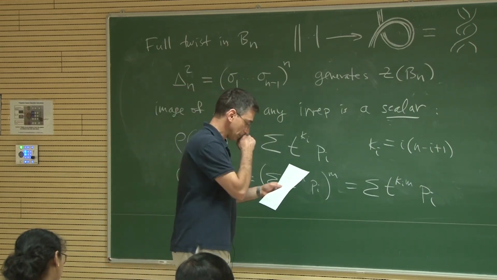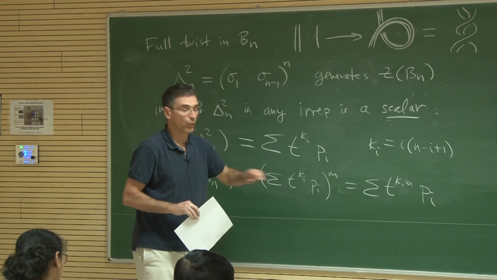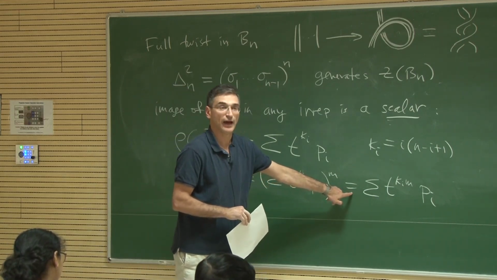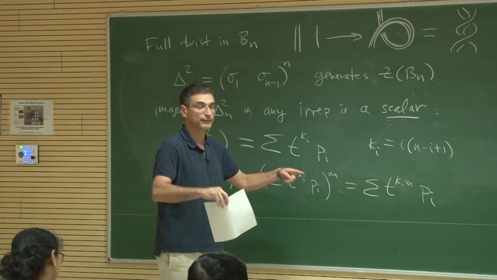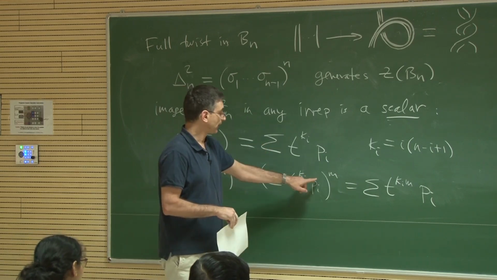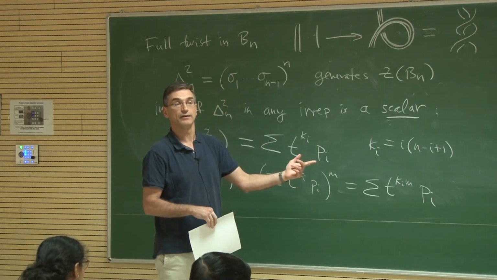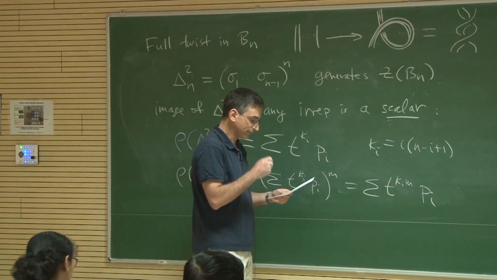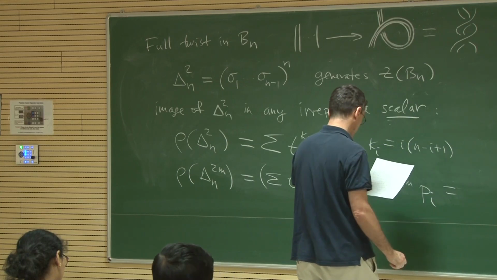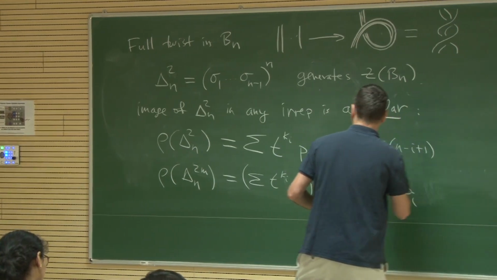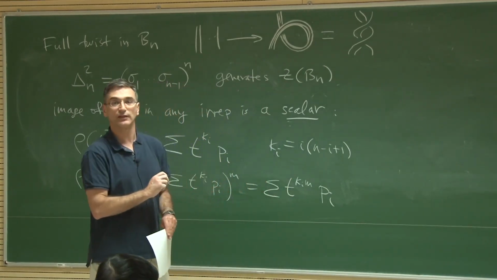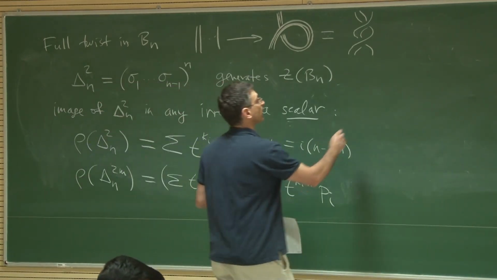Okay? What just happened here? At this point right here, I'm using the fact that different pi times pj is going to be 0, right? And pi to the m is going to be pi. So what this is saying is that this is equal to, right? So here's the amazing statement. So now this is already fairly interesting, but now here's the implication.